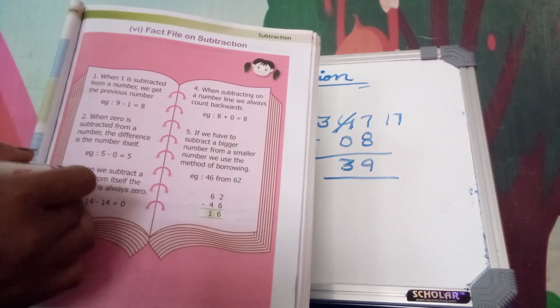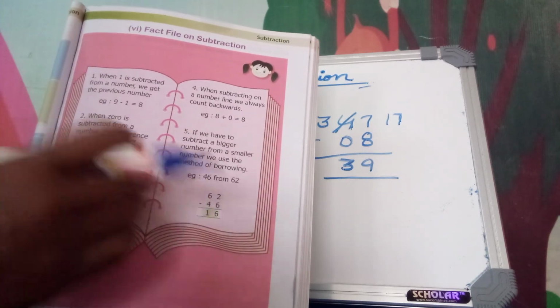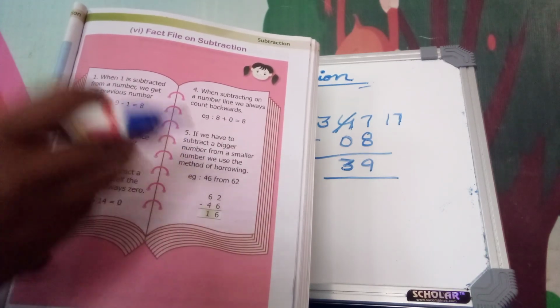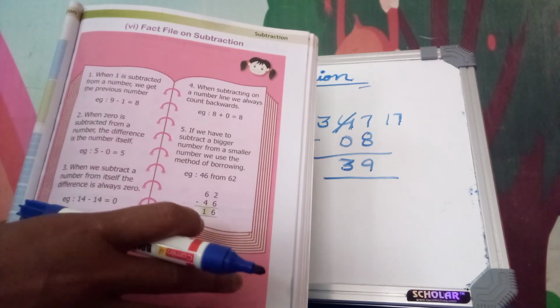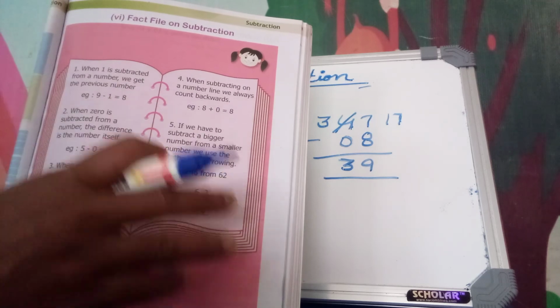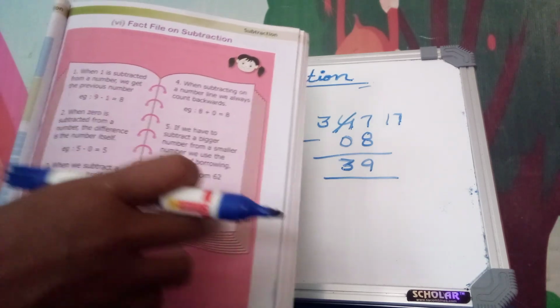When we subtract a number from itself, its difference is always 0. If we subtract 10 minus 10, the answer will be 0. If we subtract 2 minus 2, the answer will be 0. Okay, if we subtract the same number, then we will get 0 as the answer.